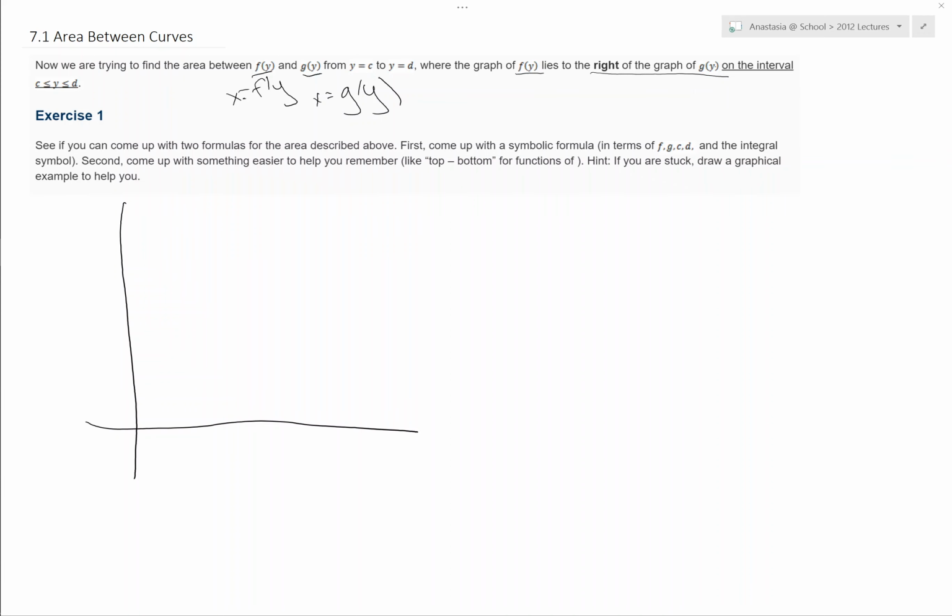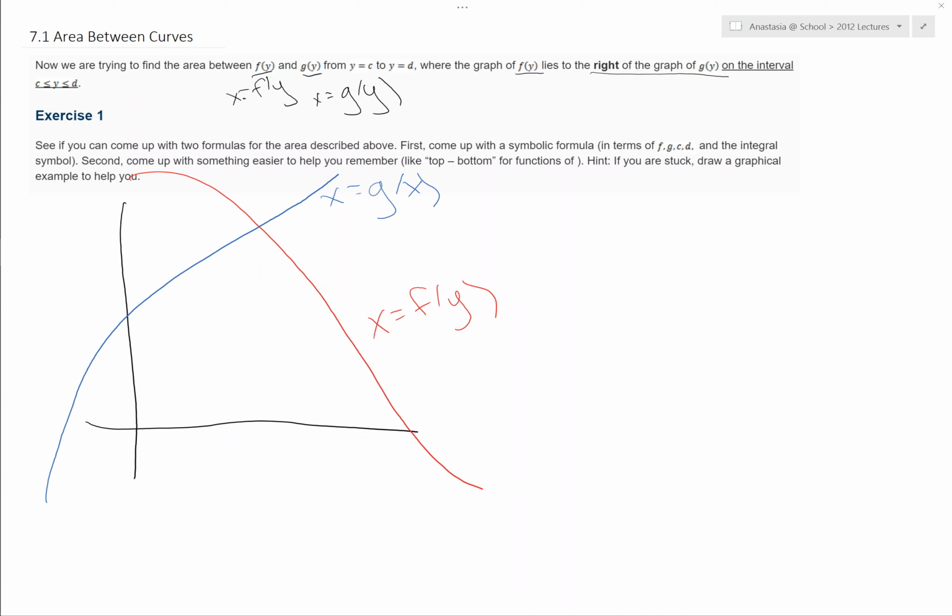So this would be something like, let's say we have x equals f of y, and x equals g of y.